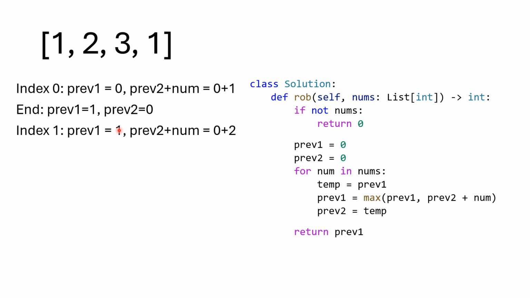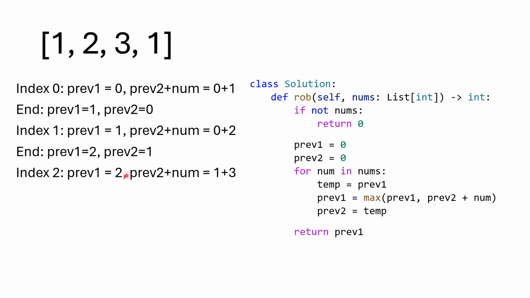Then it looks at the next number. Currently, previous one is 1, and previous two plus num is 0 plus 2, which is 2. So it will save the maximum, 2, back to previous one, and previous two will take over the value from the previous one. And we continue again.